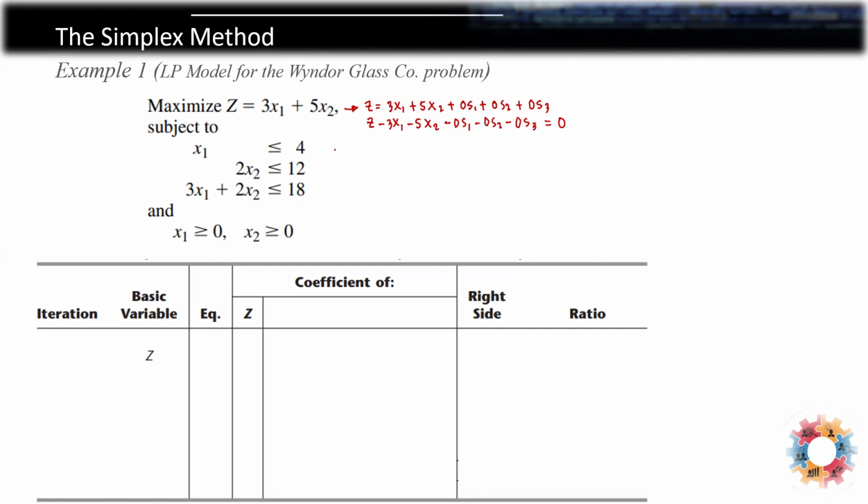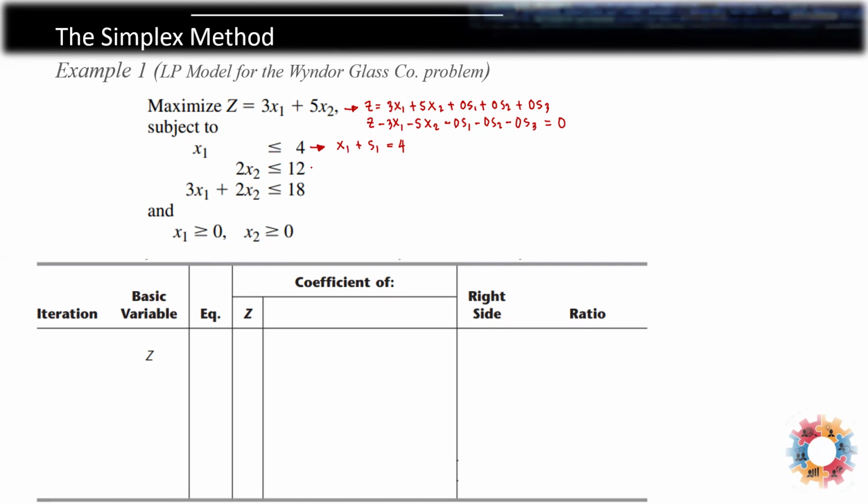And then we will convert the first functional constraint into equation form by adding slack variables. So this can be written as x1 plus s1 equals 4, right? It becomes an equation because x1 is less than or equal to 4. So by introducing s1, we choose an s1 that makes this an equation.